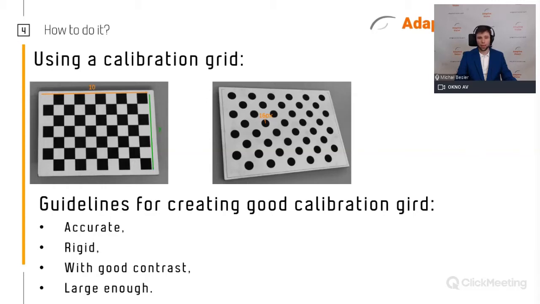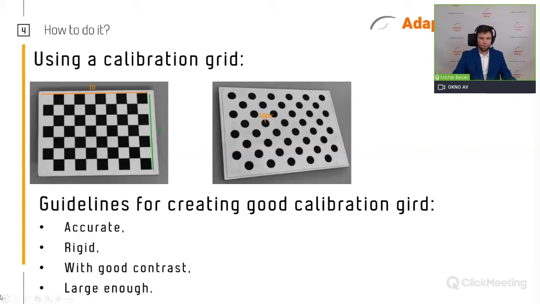But it definitely should cover the entire work plane, because otherwise, in the areas where we don't present a known pattern, we don't present a grid to our system, we cannot expect accurate and reasonable results after the calibration.